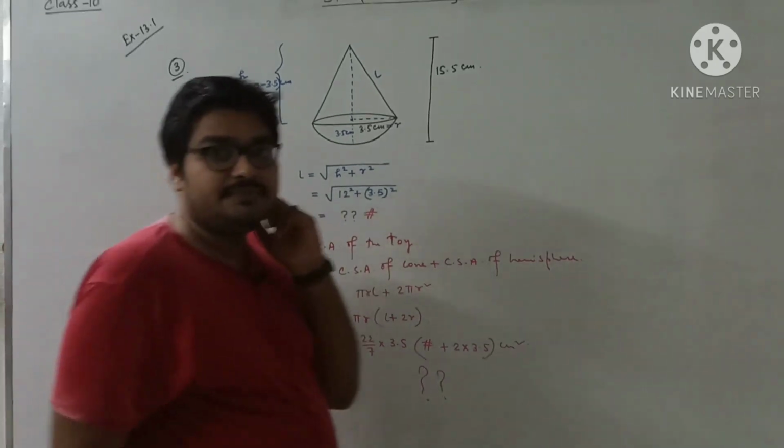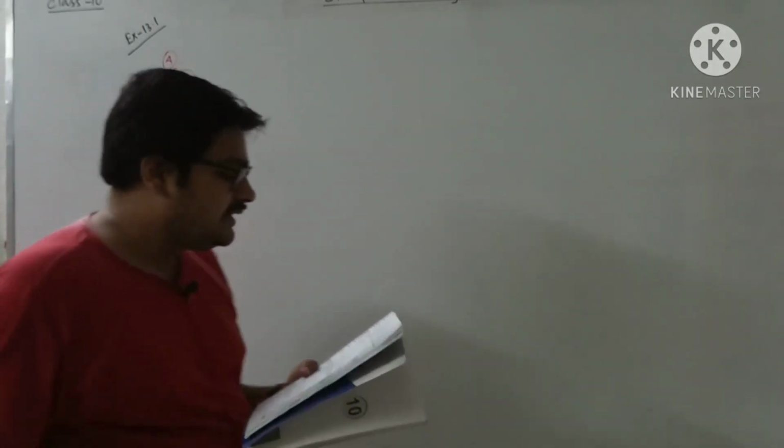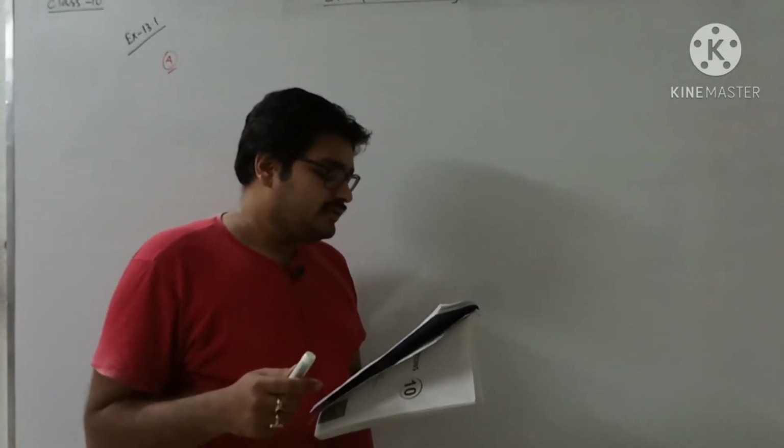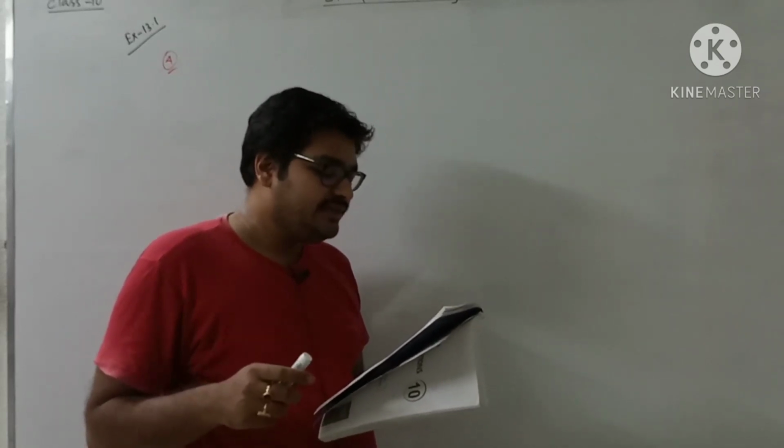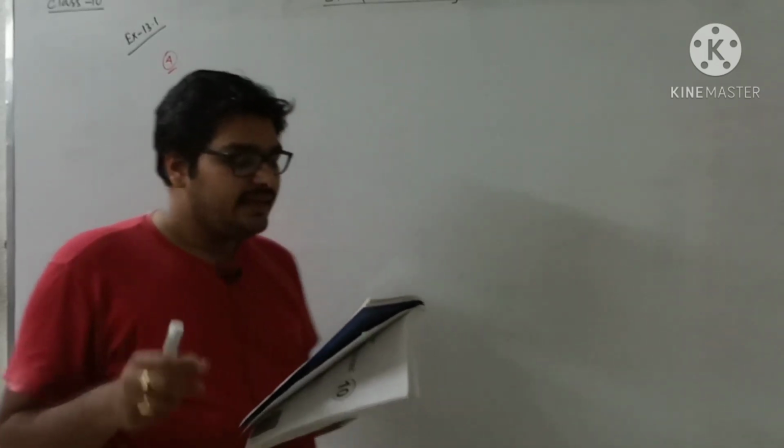Okay? So now we are moving to the next question. See the question. A cubical block of side 7 centimeter is surmounted by a hemisphere.